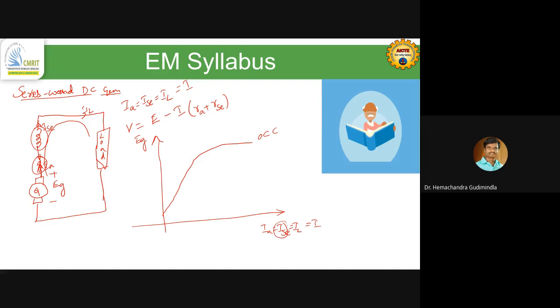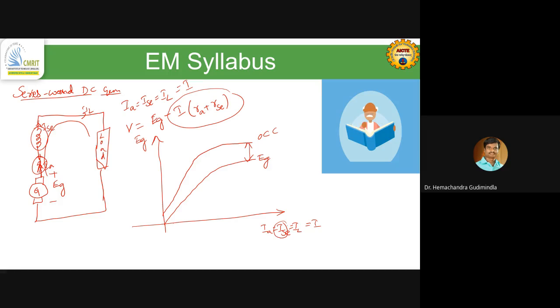Open circuit characteristics. Now, from the open circuit characteristics, again there is an armature reaction drop. Due to that armature reaction drop, there is a gap between the open circuit characteristics, or we can say no load characteristics, and the internal characteristics, that is EG versus IA, because all currents are same. Now V equals EG minus I into (Ra plus RSE).